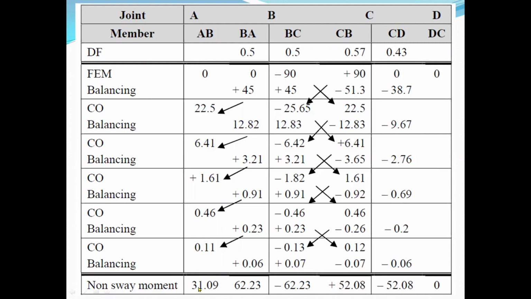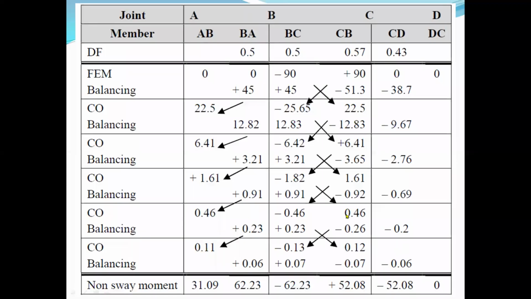Add all the values, and you get the moments developed due to external loads. These are called non-sway moments because we have assumed an arbitrary support at the top end, that is at C. So these are non-sway moments due to external load.